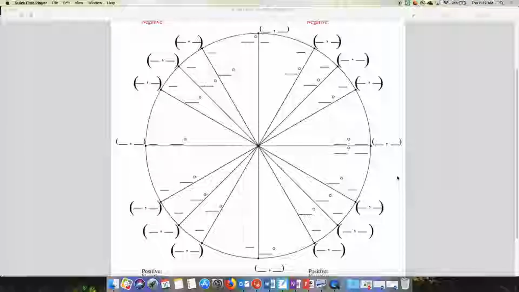Okay? So what I'm going to do is I'm going to give you a pink triangle and a blue triangle. What do you think these are? Our special right triangles. Okay? And we're going to use these to help us figure out the coordinates on our unit circle.